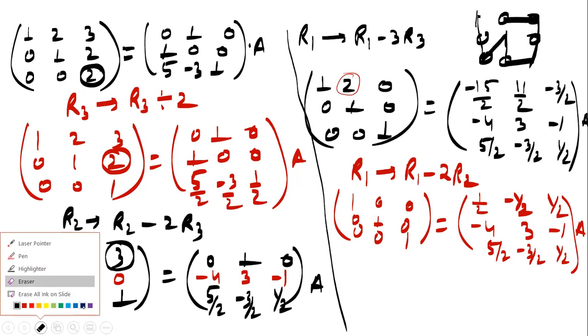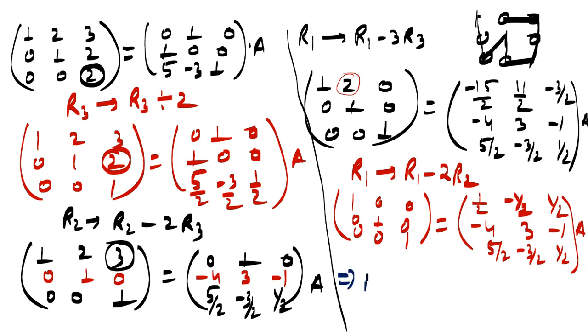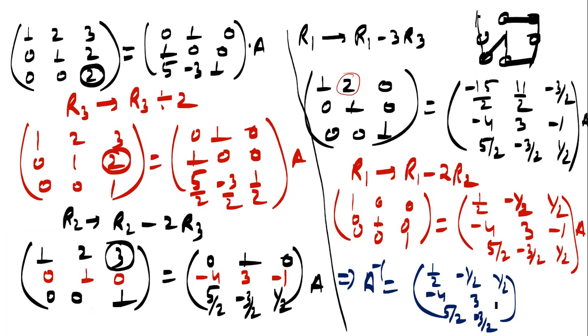Implies A inverse equals this: 1 upon 2, minus 4, 5 by 2, minus half, 3, minus 3 by 2, half, minus 1 and 1 by 2. This is the required inverse of the given matrix.